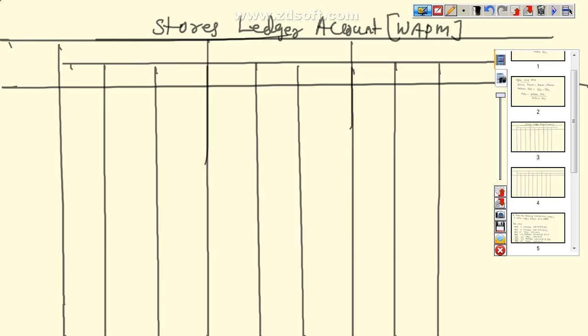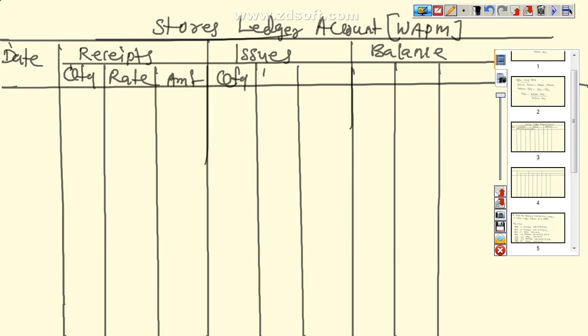Columns: date, receipt, issues, balance, each with quantity, rate, amount. 2020.